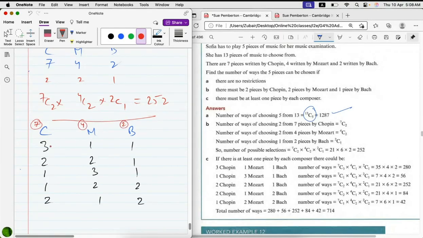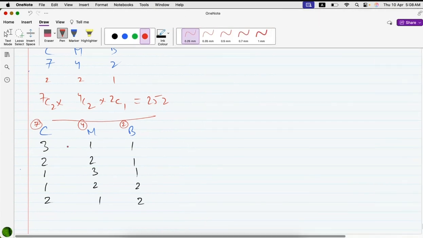So the first one is 7C3 into 4C1 into 2C1. I'm getting 280. Now see, if you've punched this in the calculator, 7, 4, and 2 stay the same every time.